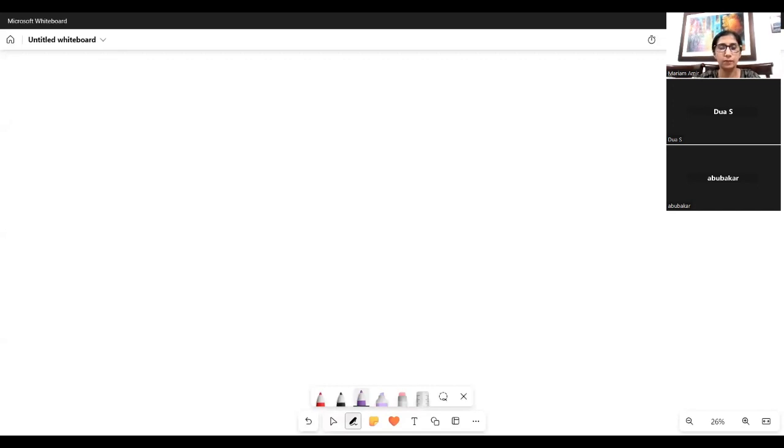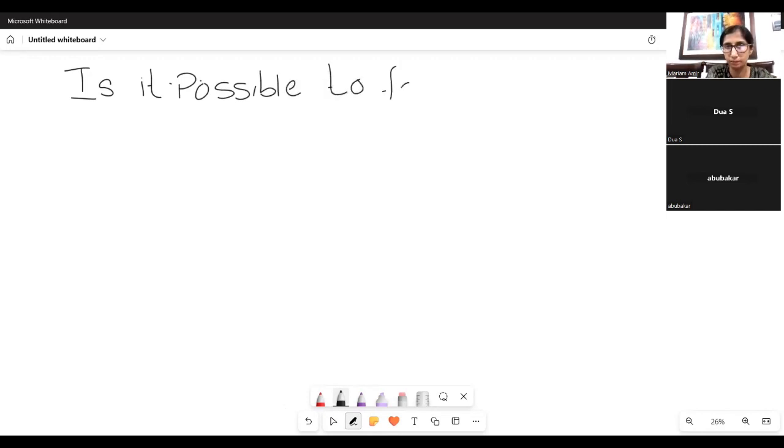Like we discussed a while back, let me just write down the heading first: is it possible to form the composite function?